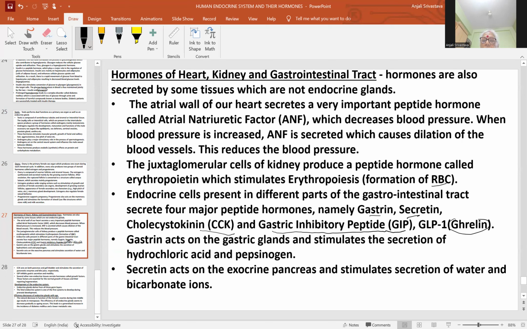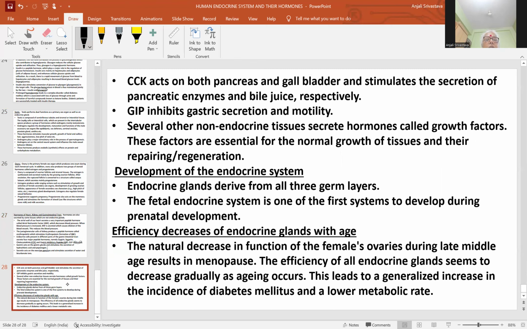Gastrin acts on gastric glands, stimulating the secretion of HCl and pepsinogen. Protein के digestion में help करता है. Secretin acts on exocrine pancreas, stimulating secretion of water and bicarbonate ions. So the CCK acts on both pancreas and gallbladder, stimulating secretion of pancreatic enzymes and bile juice. GIP inhibits gastric secretion and motility.